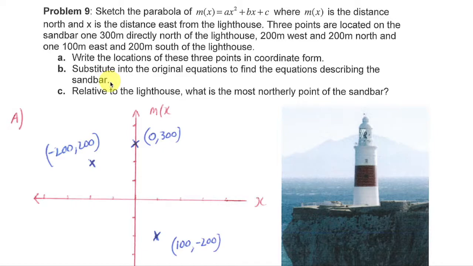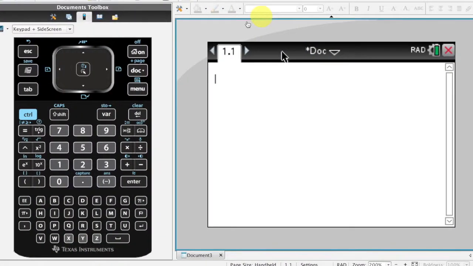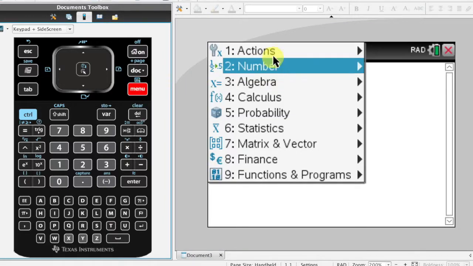Substitute those points into the original equation to find the equation describing the sandbar. So obviously there's going to be some kind of parabola sweeping through here, but what are the values of a, b, and c so that we can then work with that function to know exactly where the sandbar is. So I'm going to start off by defining this m of x function. So menu, actions, define.